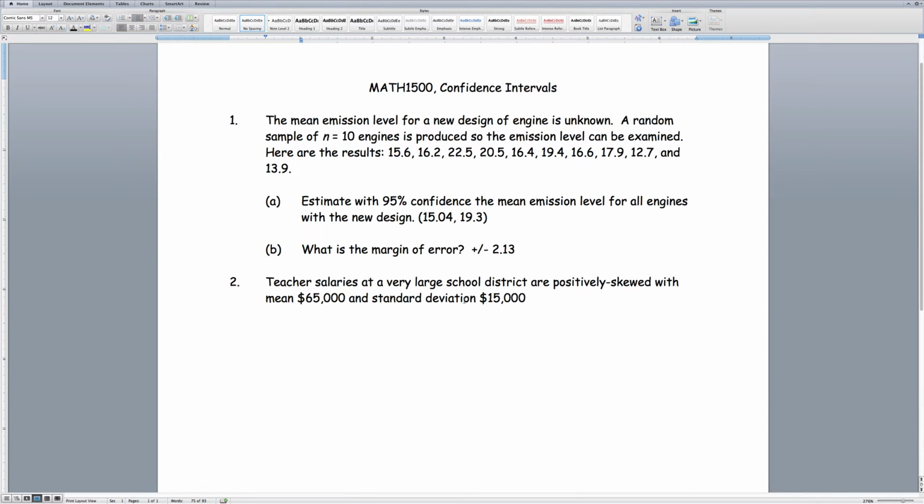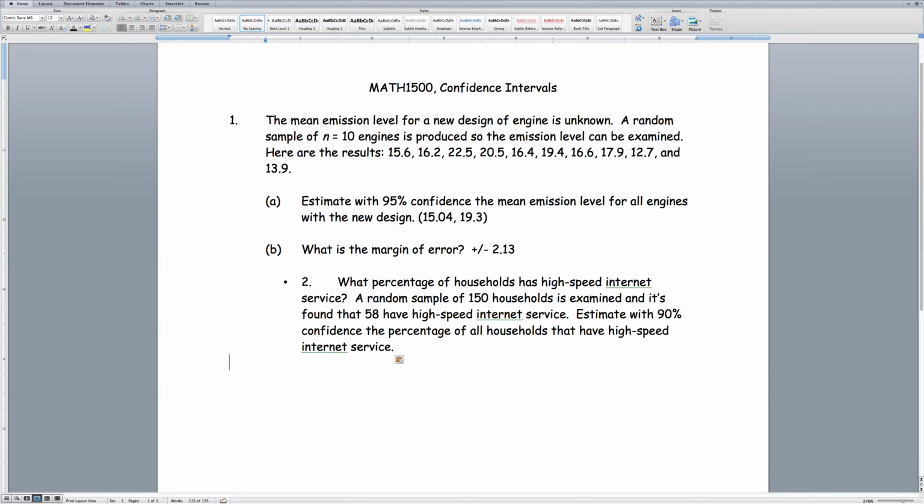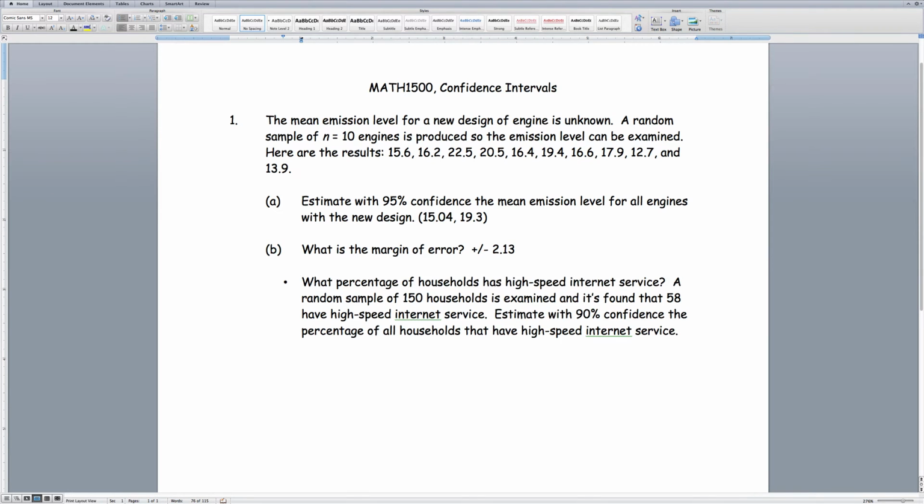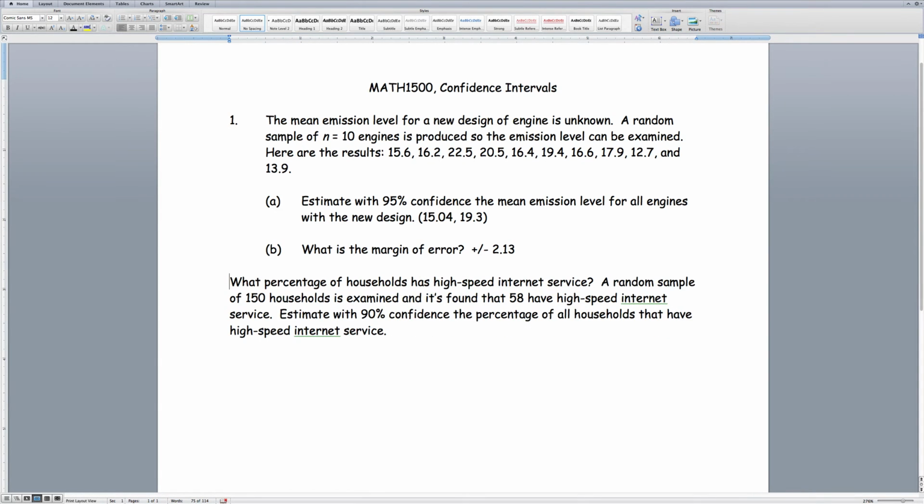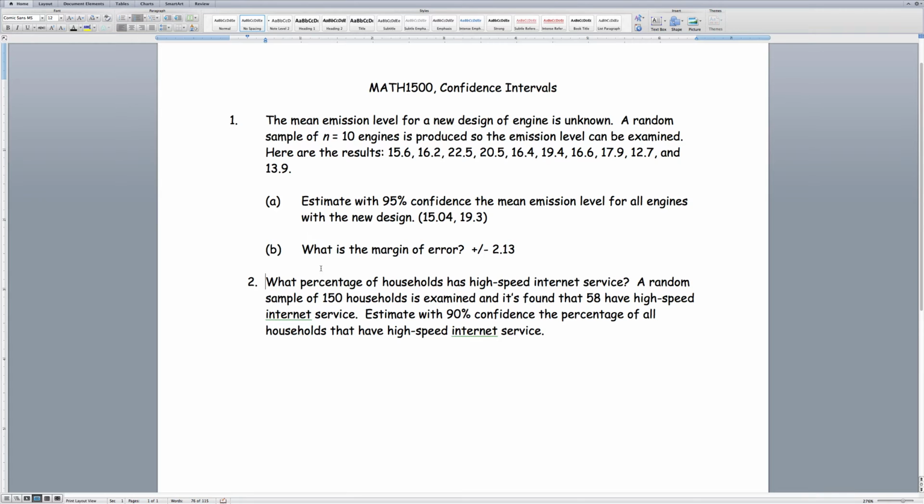That's not right. I thought the yeah, that's what we want right there. That's interesting.